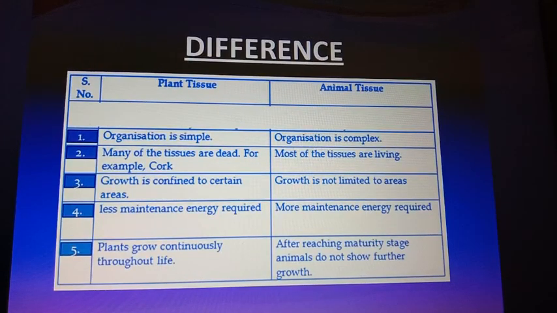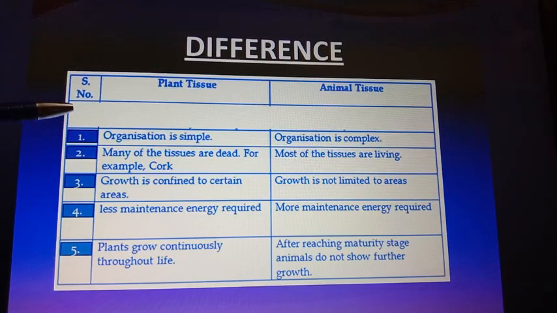Next are the differences. In your Candid Biology book, you can see so many differences, like simple and complex tissue, meristematic and permanent tissue, xylem, phloem, bone, cartilage, blood, lymph. So many are there, so I am not discussing all those differences here. One difference that is not in your book that I am discussing here is the difference between plant tissue and animal tissue.